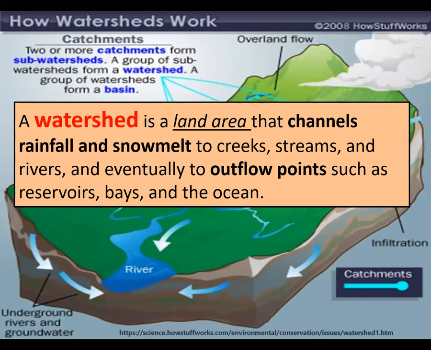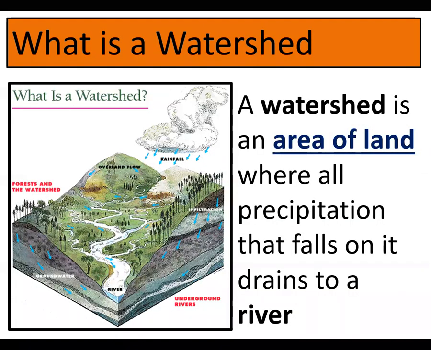The watershed is the one that collects this water and directs it to the places where we get the water. So what is a watershed again? A watershed is an area of land where all precipitation that falls on it drains to a river or to a lake or to the ocean or is absorbed by the groundwater, of course.